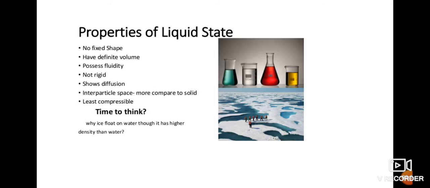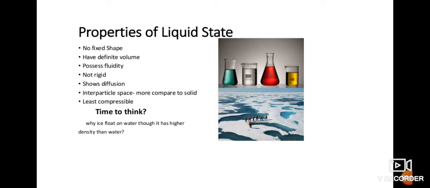Now coming down to the liquid state, we know that any type of liquid found within our surroundings does not have a fixed shape, but it will have a definite volume as it will take the shape of the container where it is kept.